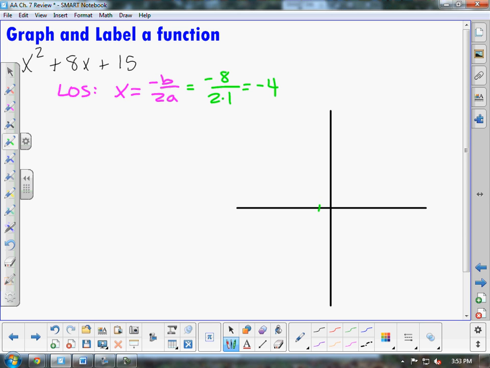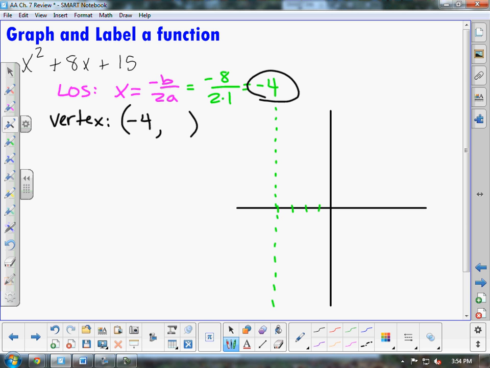And so we know we have a line of symmetry right there. Then to find the vertex, you know the x value is negative 4 because it's where the line of symmetry is. And then to find the y value, you substitute negative 4 into your equation.